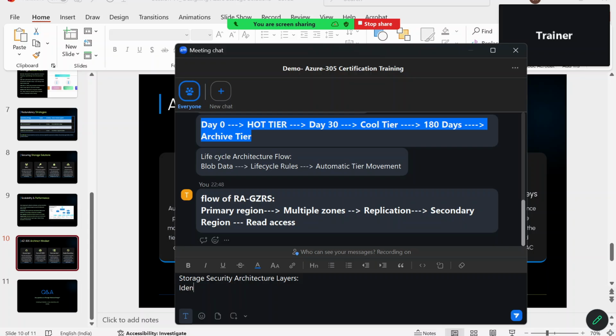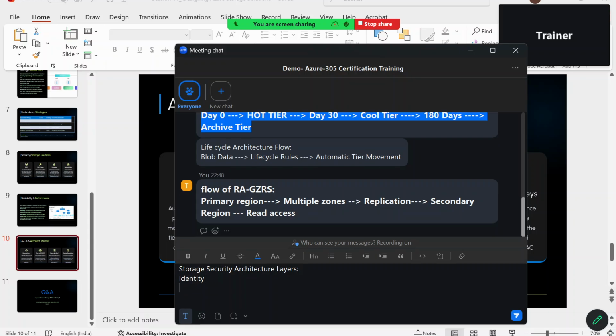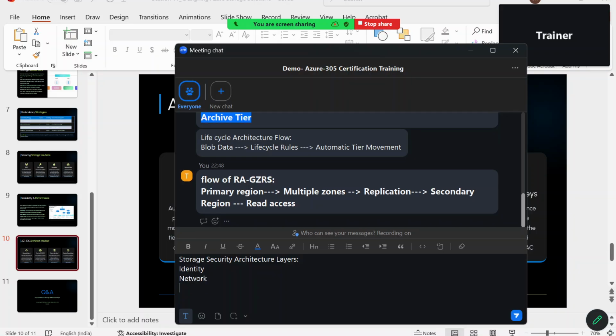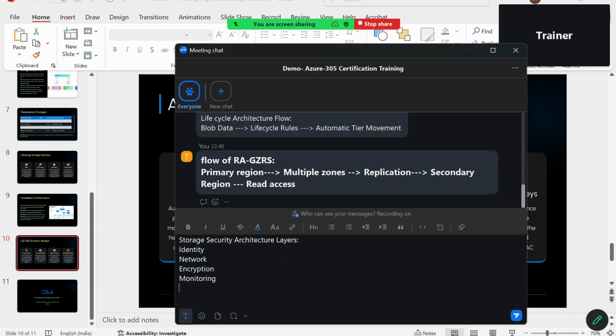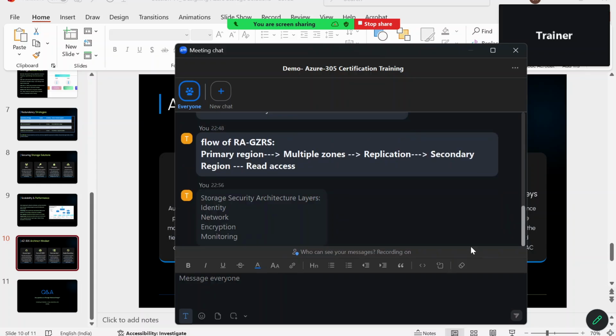It has identity, then network, then encryption, then monitoring. These are the storage security architecture layers.